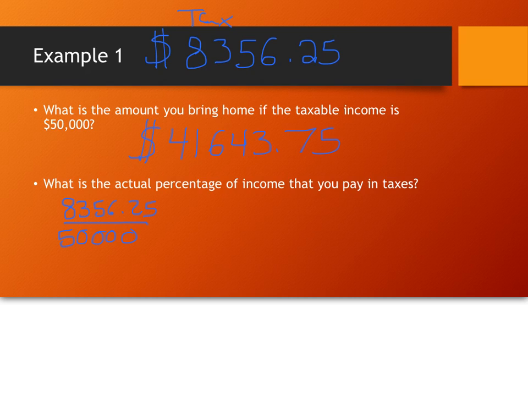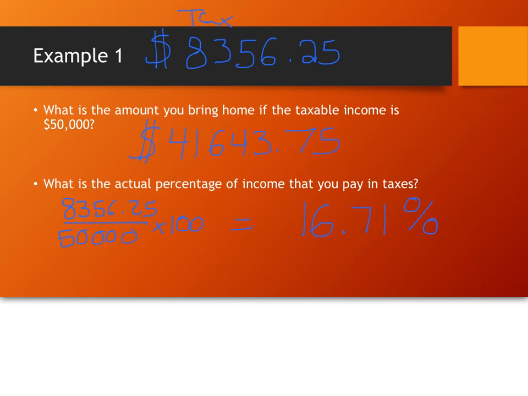Now, when you want to get a percent, obviously you times it by 100. And you get 16.7125. I'm going to round that to 2 decimal places like I always do. Percent. Okay? So basically 16%.